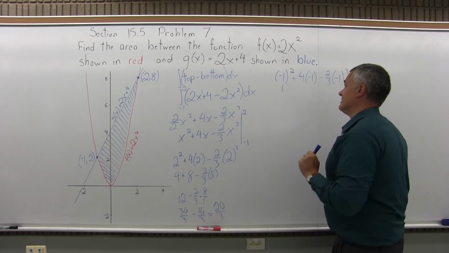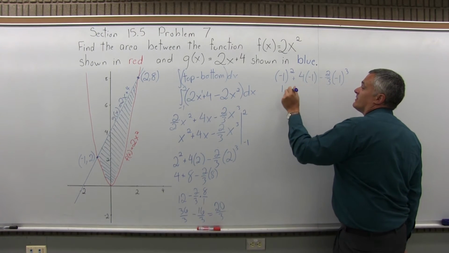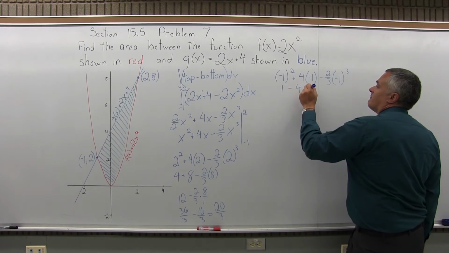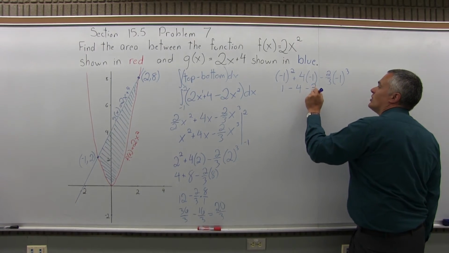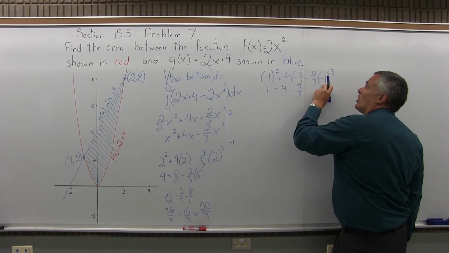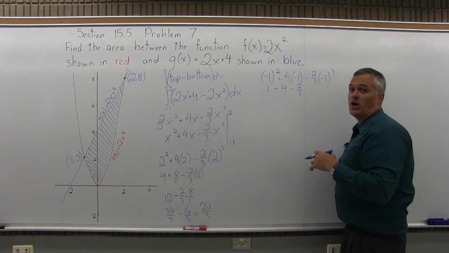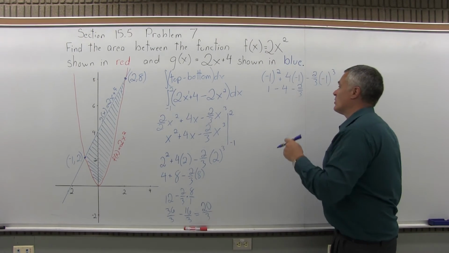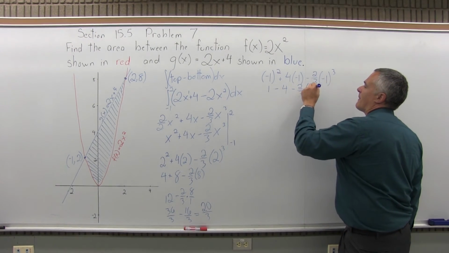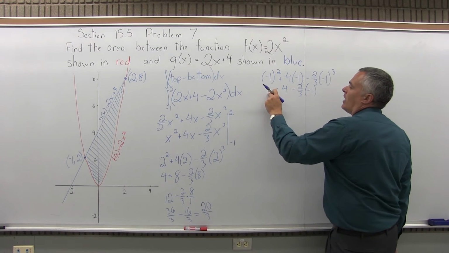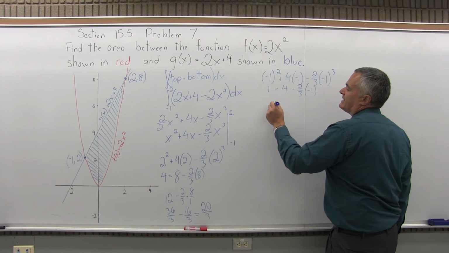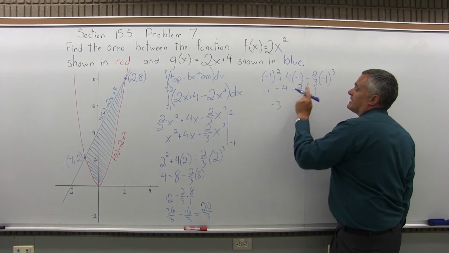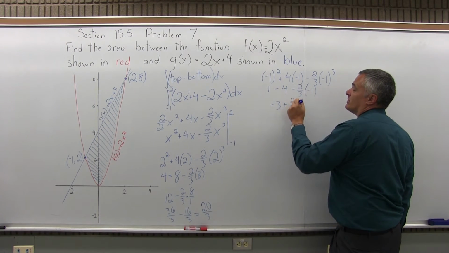The negatives cancel. 4 times negative 1, I'm going to have a minus 4. Then I'm going to have minus 2/3 times negative 1 cubed. So it's an odd power. Negative 1 times negative 1 is positive 1. Times the third negative 1, we'll put it back to negative 1. So 1 minus 4 is negative 3. And then negative 2/3 times negative 1 will be plus 2/3.